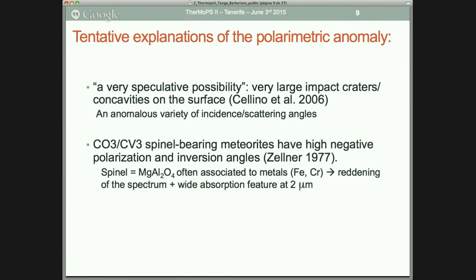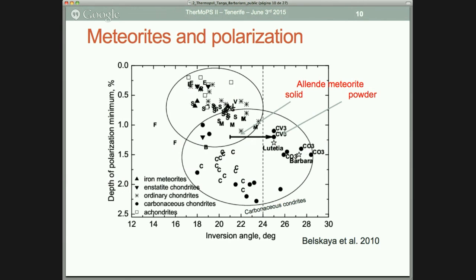But also, laboratory measurements show that polarimetry goes in the right direction for these objects. Here on the horizontal axis you have the inversion angle, and on the vertical axis the depth of the polarization minimum, one of the basic parameters describing this polarization curve.